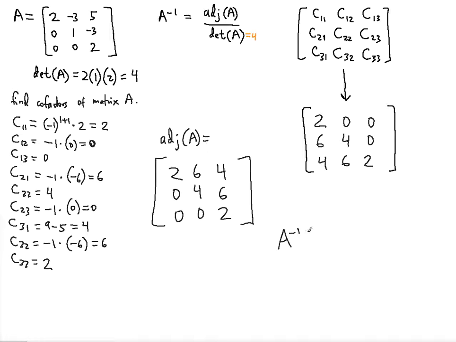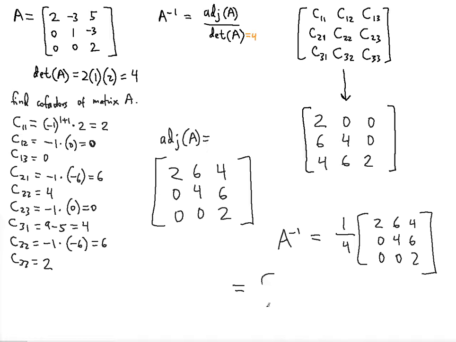So the inverse is going to be this divided by the determinant. You can think of it as 1 over the determinant, which is 4, so 1/4 multiplying the adjoint: 2, 6, 4, 0, 4, 6, 0, 0, 2.